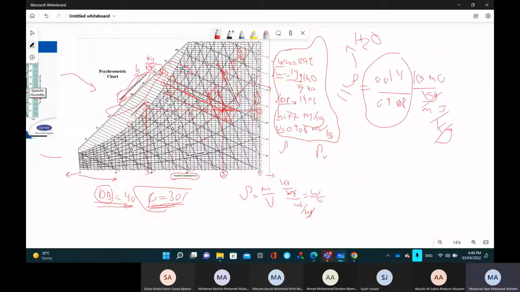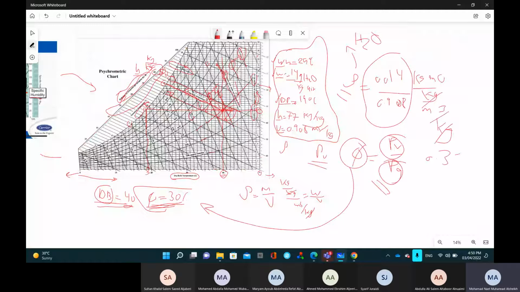And we can do the same for finding the vapor pressure by using the relative humidity from the beginning of the chapter. The relative humidity is PV over PG. You can find PG from the tables, and the relative humidity in this question was given to be 30 percent.